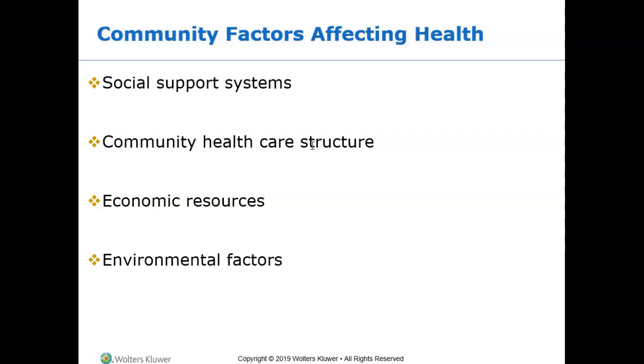And the air quality affects especially the children, but also your older adults that have respiratory issues, or it causes the respiratory issues. We have air and water pollution, food sanitation, health education services, employment, recreation opportunities, violent crime, and drug use. Those are all things in our communities that can affect health, either in a positive way or in a negative way.